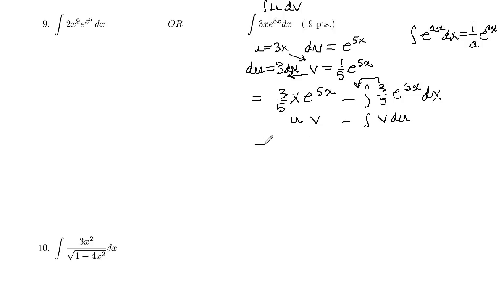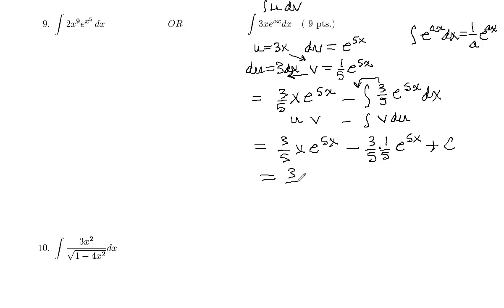So this is now going to be 3/5 x e to the 5x minus that 3/5 will come out. And then you integrate e to the 5x, you're going to get e to the 5x, and then times another 1/5. And then plus c, because it's an indefinite integral.